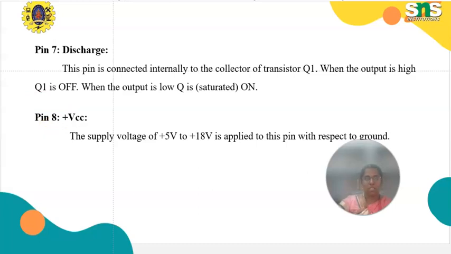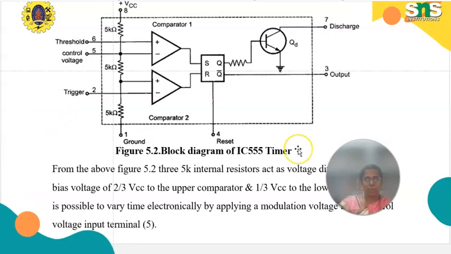This is the block diagram of the 555 timer IC. Here there are two comparators, comparator 1 and comparator 2. Comparator 1 is connected at the top of the circuit, and comparator 2 is connected at the bottom. In comparator 1 the non-inverting terminal is connected to the input, and in comparator 2 the inverting terminal is connected to the trigger.